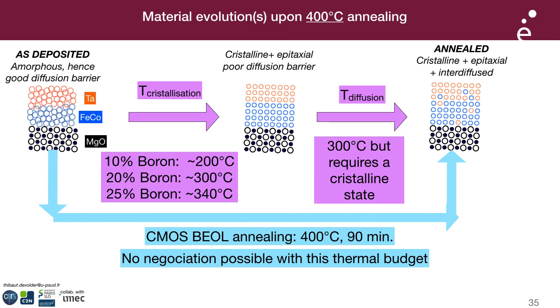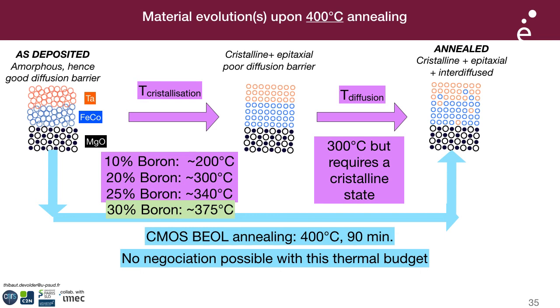The knob that people play on is the boron content, because if you increase the boron content inside the free layer, you increase the crystallization temperature. This is, by the way, a trick that most people from the metallic glass community use. If you increase the content of metalloid in a metallic glass, you tailor the crystallization temperature.